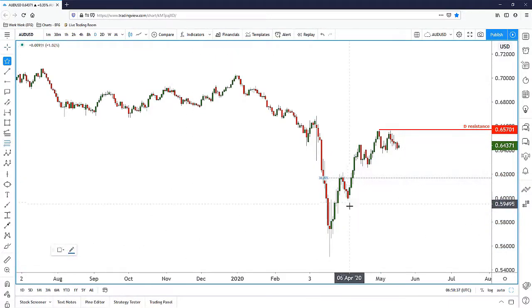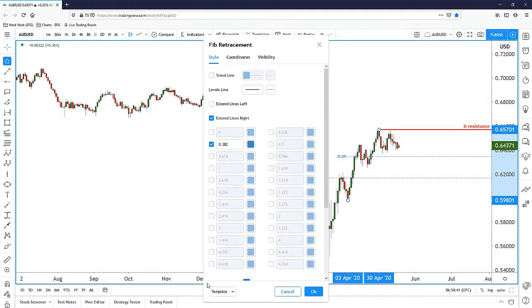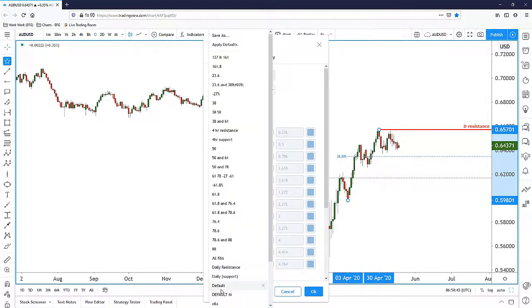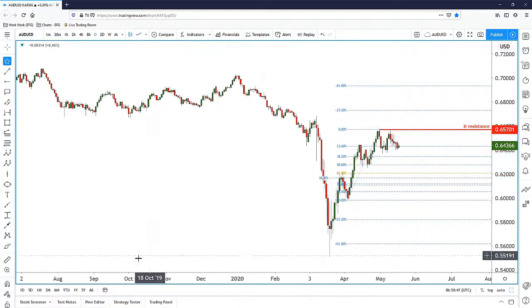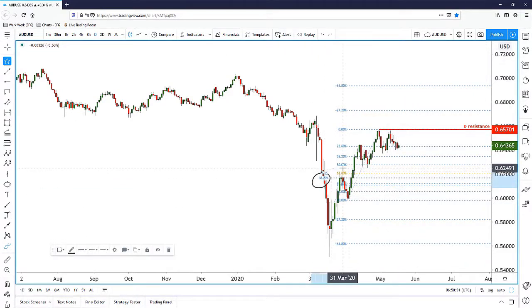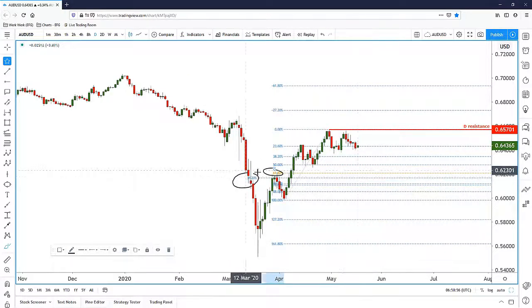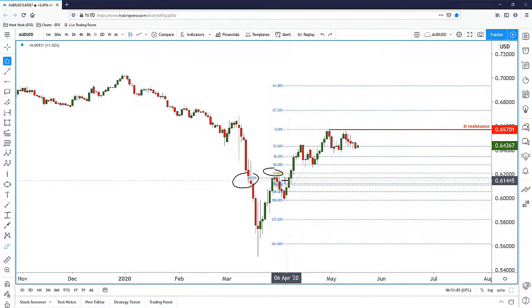Let's take the second retracement from the low to the high here and open up all Fibonacci ratios. And we see that the 38.2 from the first Fib that we took falls very close to the 61.8, which is a key Fibonacci ratio level. And if I were to zoom in on the daily, there's actually a candle that was rejected right below the 61.8.